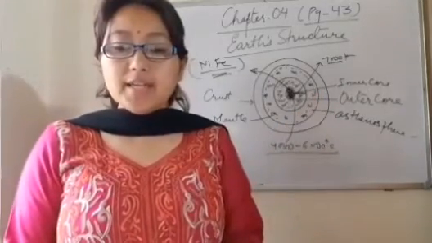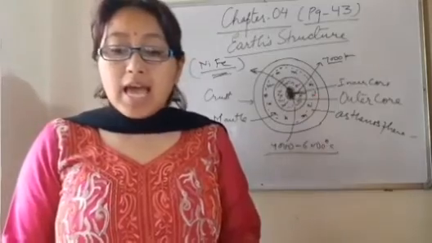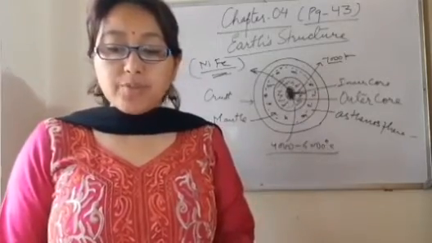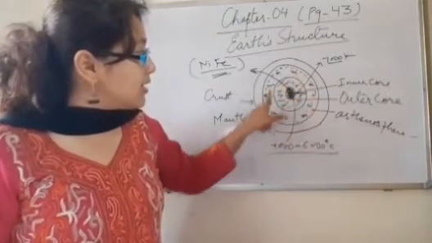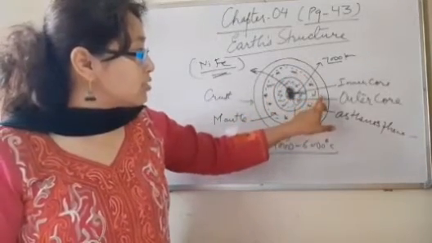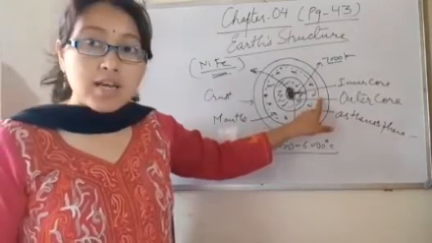Okay, the lithosphere is a layer that includes the crust and the uppermost portion of the mantle. So from here the crust layer starts.